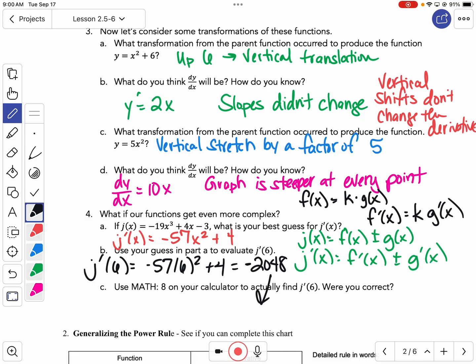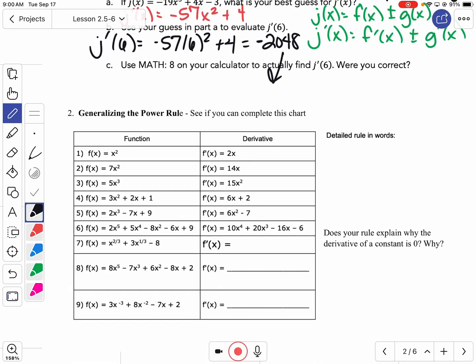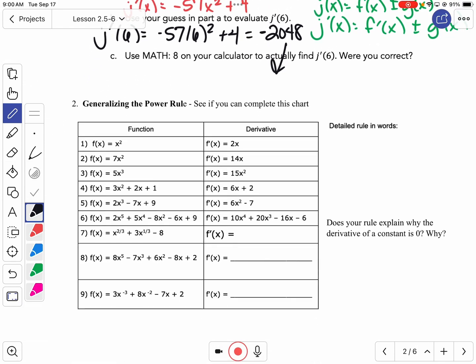Now, let's look at number 2. Let's generalize the power rule. Let's see if we can apply it to lots of different types of power functions. I've given you some that are done for you, so you can see those, and then we get down to some interesting exponents.